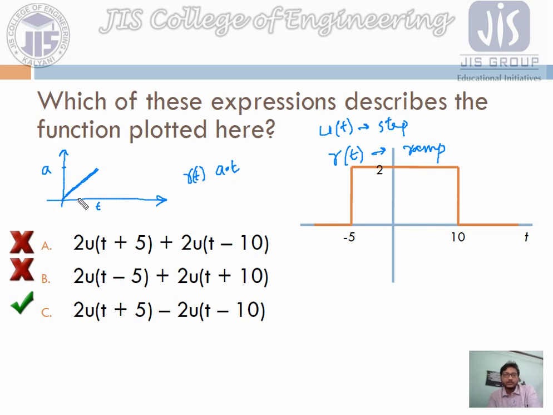Suppose your time is over here 2, and here it's 1 2 3 4 5 6, like that it's increasing. Suppose it's a unit ramp, so at time equals 1, the value is 1.